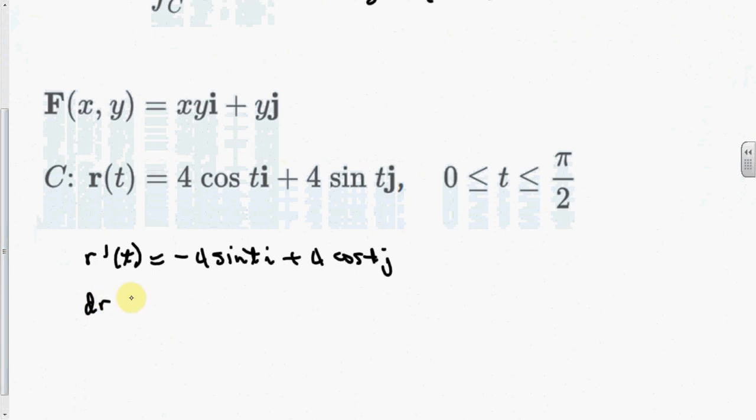So this dr is equal to r prime of t times dt. Right?